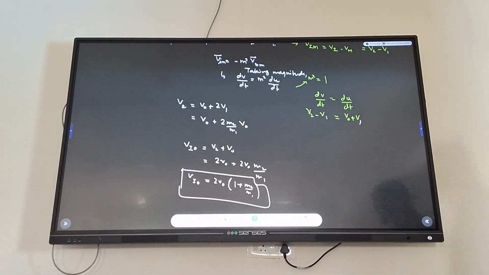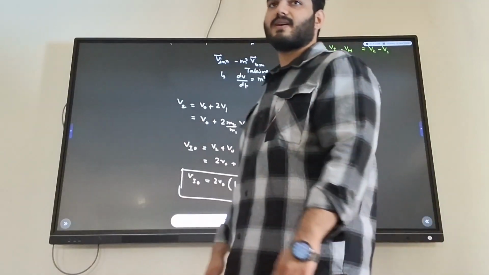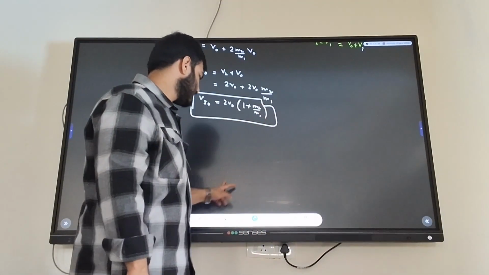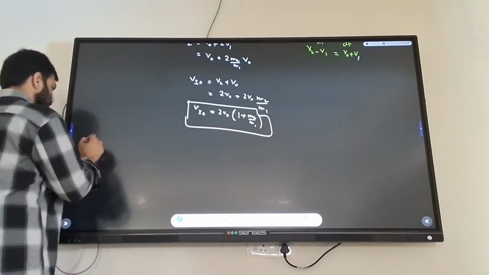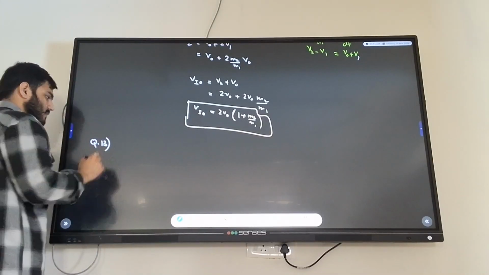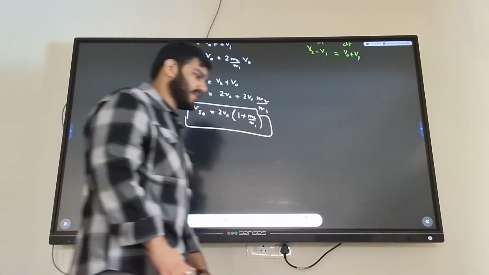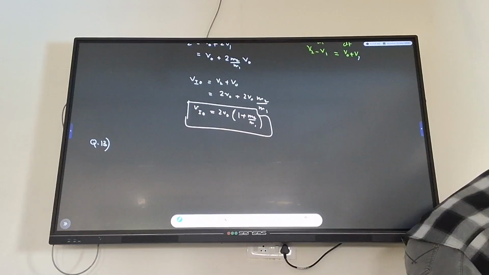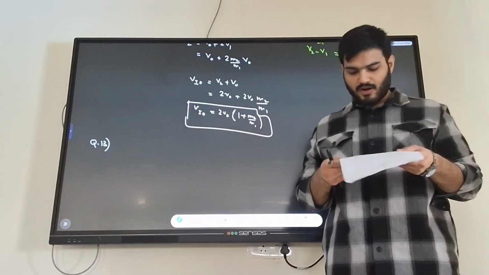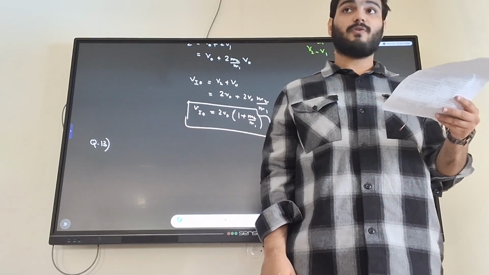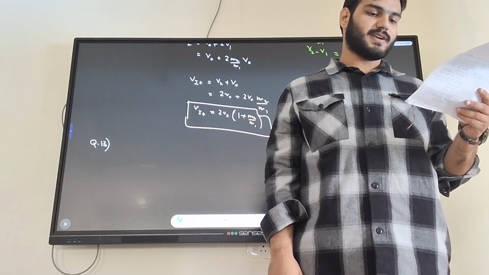I'm starting with question number 13. Image P and F. So that's 1 by minus... What is question number 13 asking? M is equal to minus 2 by... Okay, question here: a convex mirror of focal length f produces an image 1 by n size of object.